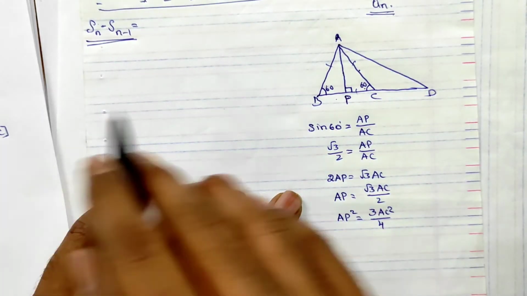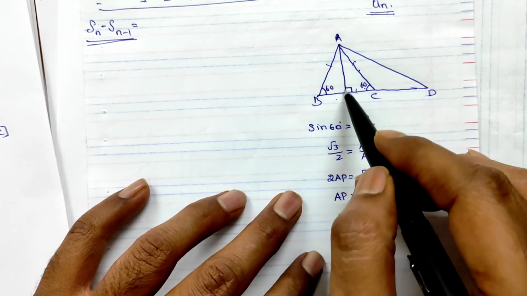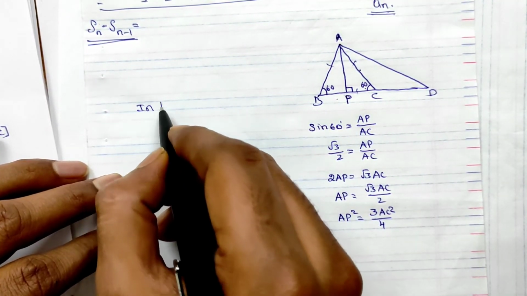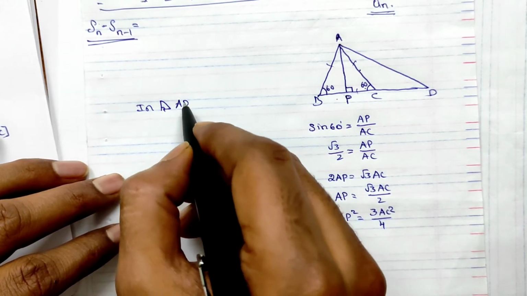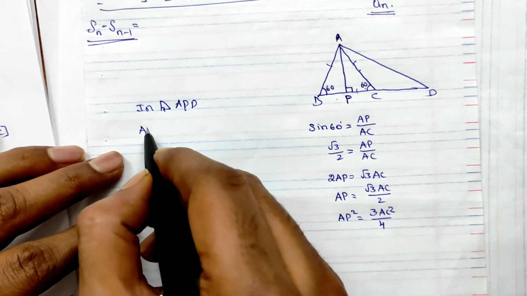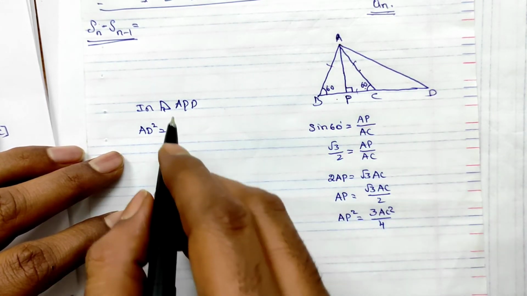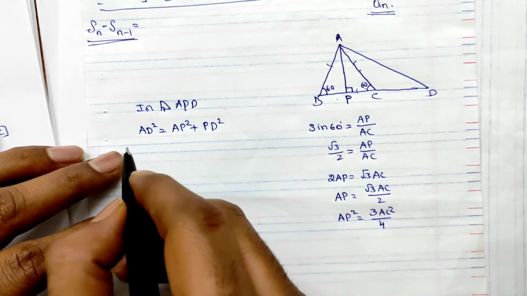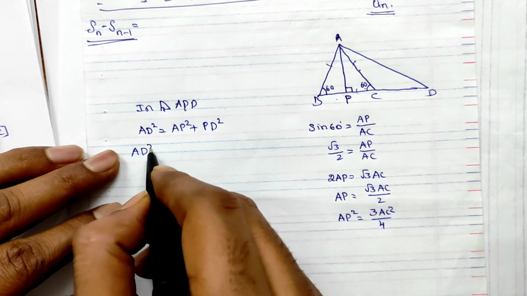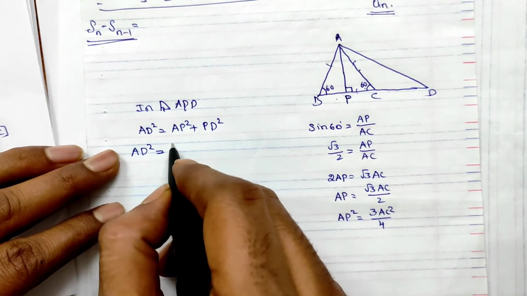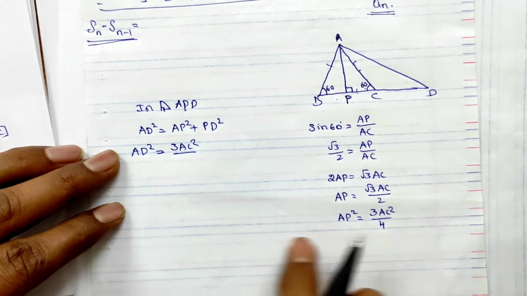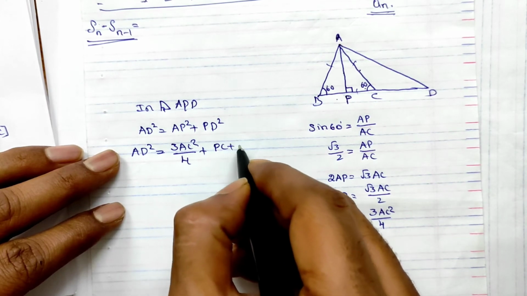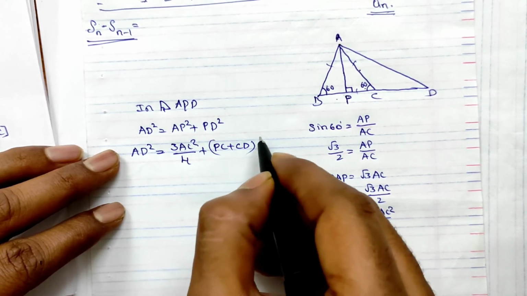Then you can continue the same thing for AP in the triangle APD. In right angle triangle APD, AD square is equal to AP square plus PD square. AP square you already got, that is 3AC square divided by 4, plus PD square, which is nothing but PC plus CD whole square.